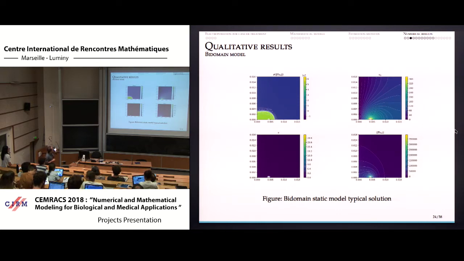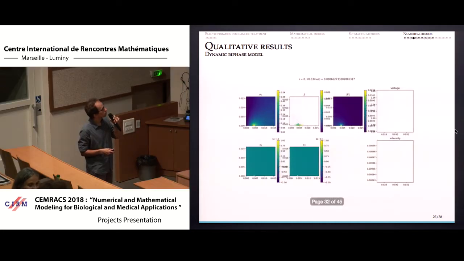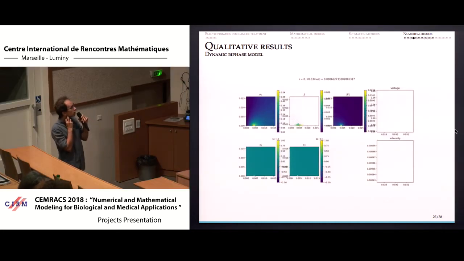We cannot really compare the pictures for sigma directly because we have different sets of parameters, and the parameters for these pictures here are chosen a bit arbitrarily. But we have the same kind of pictures for the dynamic, so this is the dynamic B-phase model.